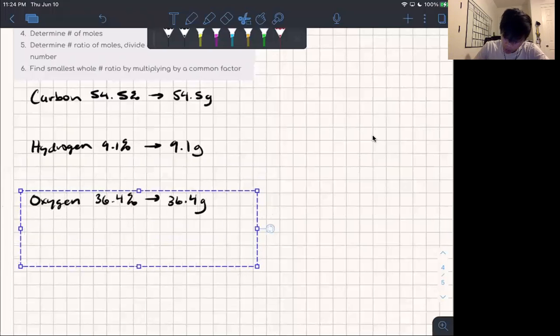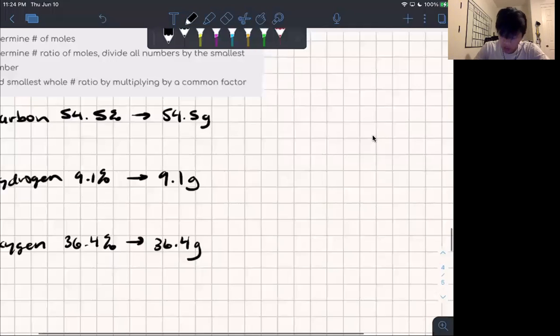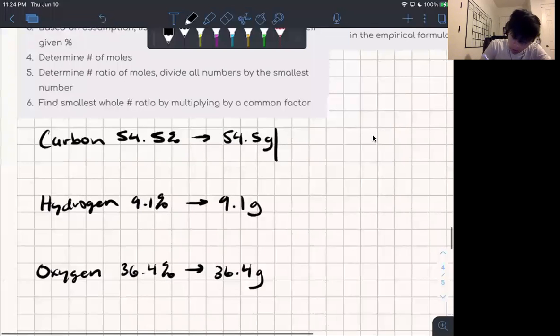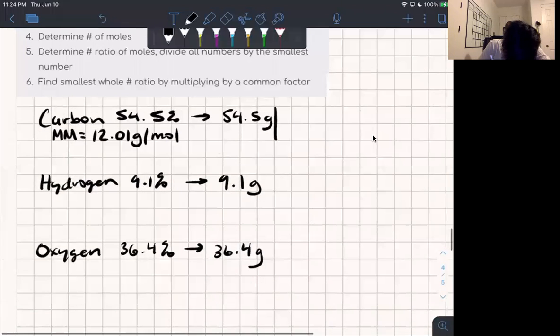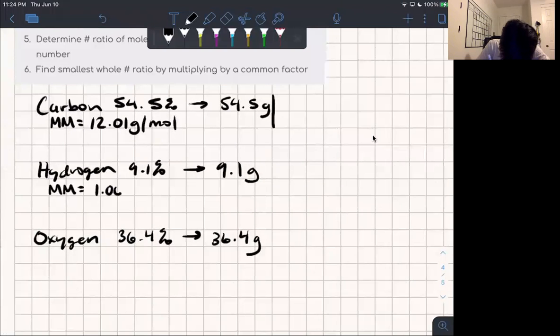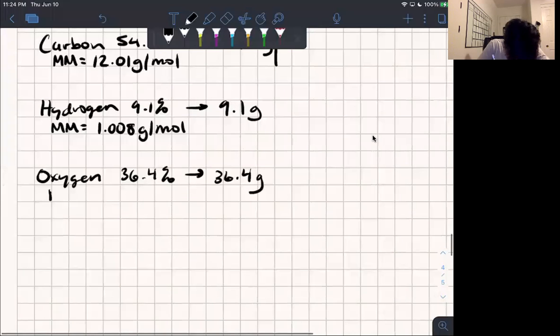We need to multiply by the molar mass. So for carbon, the molar mass equals 12.01 grams per mole. For hydrogen, it's 1.008 grams per mole. And for oxygen, it's 16 grams per mole.